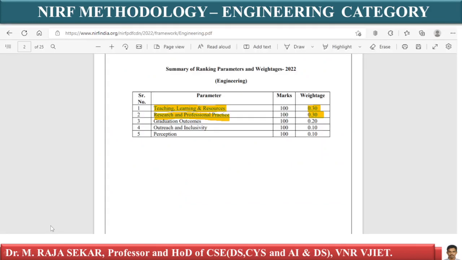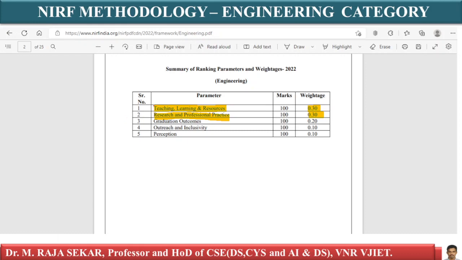In our previous lecture, we discussed different categories of NIRF. We will try to understand the engineering category. This is the web page I downloaded from nirfindia.org. Engineering.pdf means it is related to the engineering category.